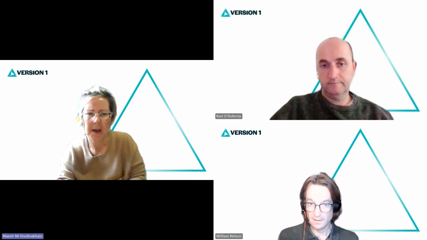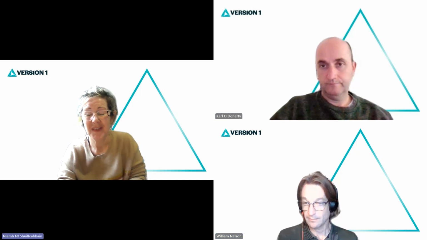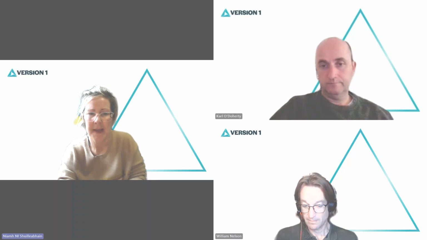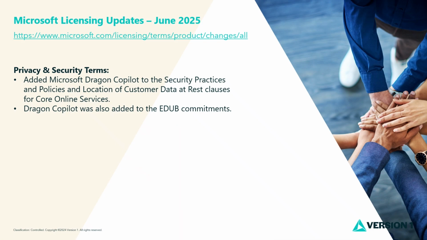Grand. Well, one of the interesting points is that Microsoft have added Dragon Copilot, which is Copilot for the healthcare industry, to the security and privacy practices and policies and location of customer data at rest clauses for core services, and Dragon Copilot was also added to the EDUB commitments, and EDUB is educational user benefit.